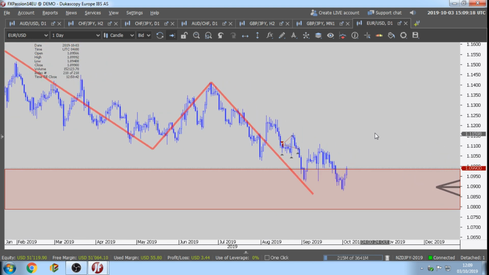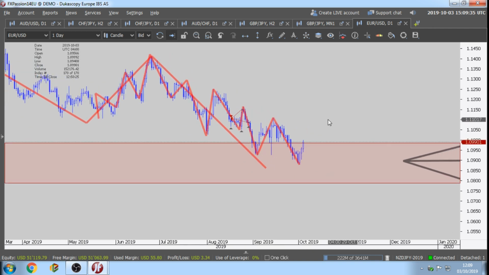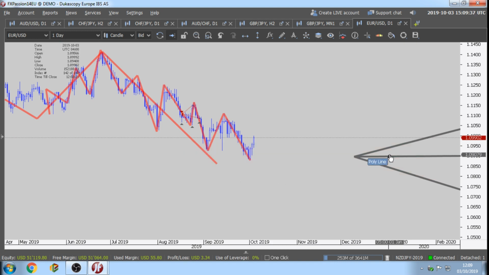The short-term trend. So extension, retracement, higher highs, higher lows, extension, lower lows, lower highs, lower lows, lower highs, lower lows, lower high, lower low, lower high, lower low. Okay, so we are here.